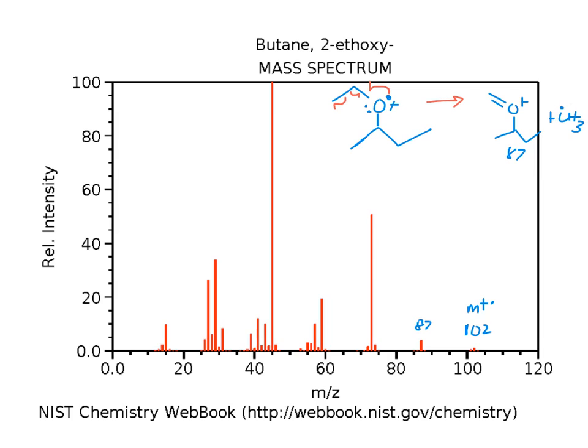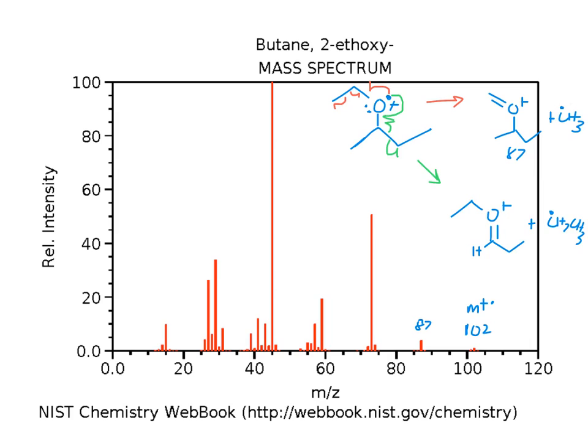Okay, so we could draw this. I'll draw this in a different color. This will go down here, like this, and like this. This would give us O plus, like this. All right, so this is plus an ethyl radical.